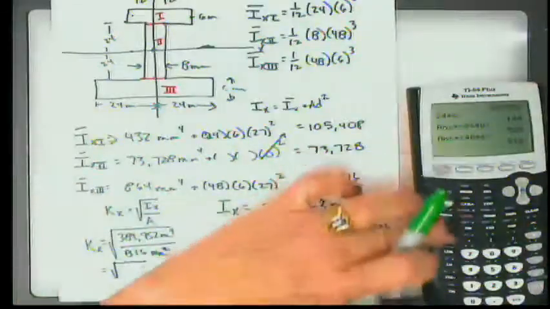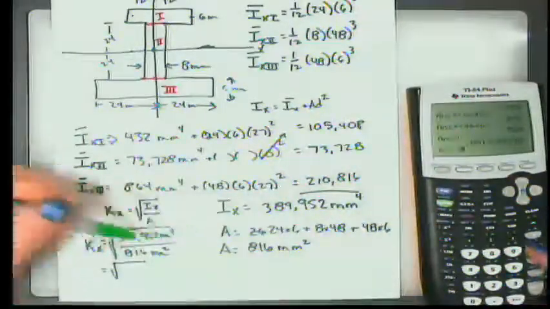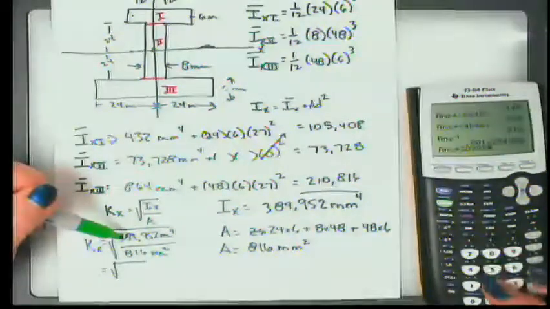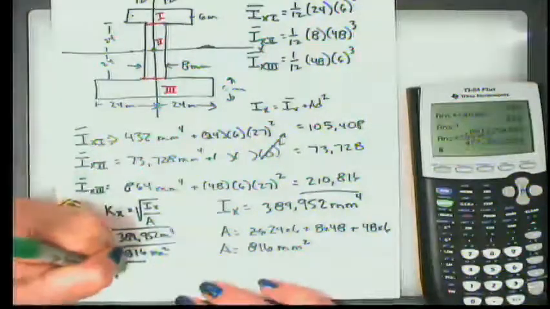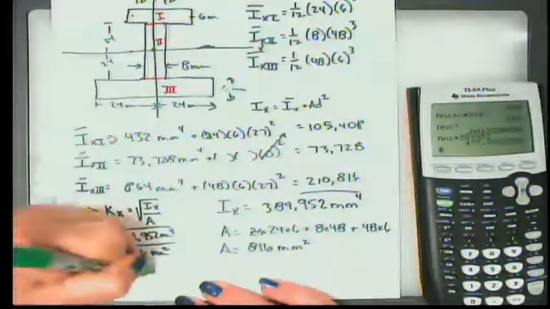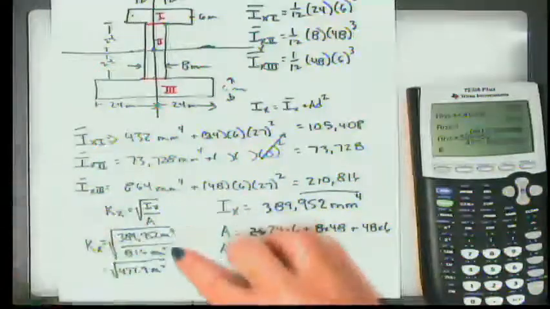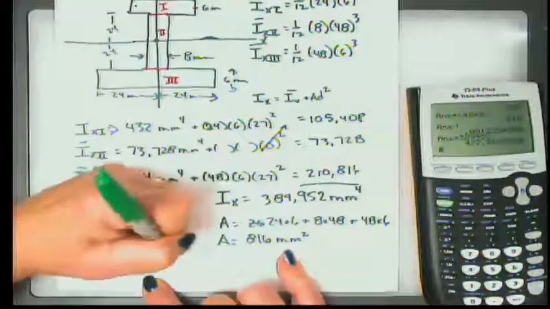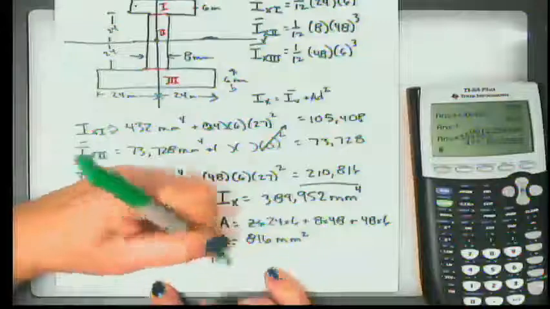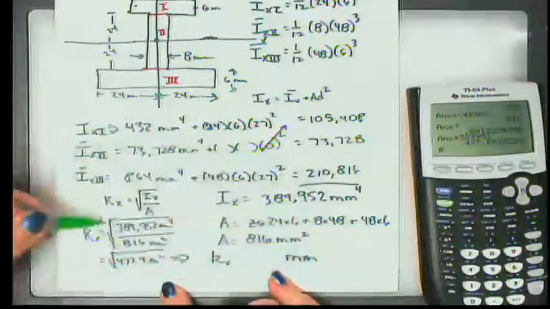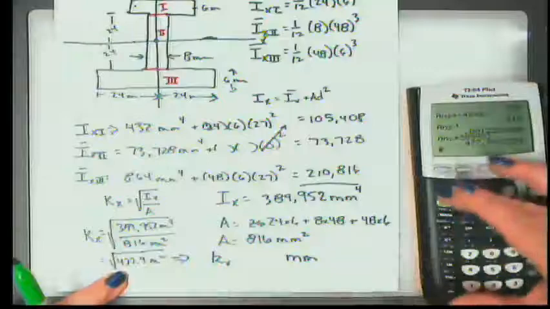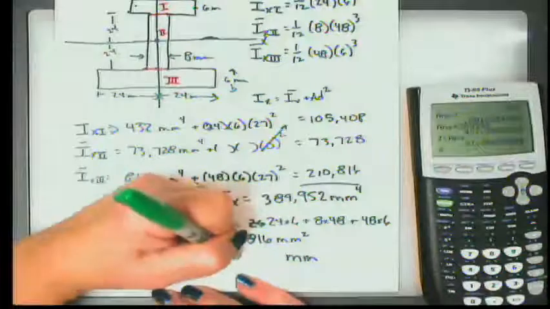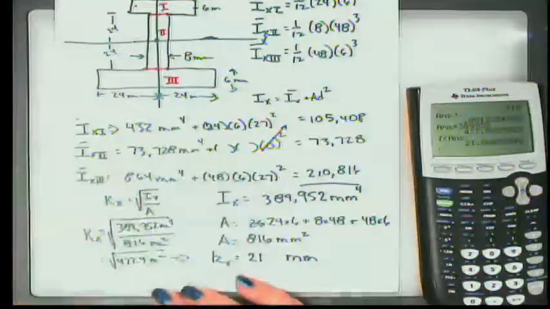So my radicand is 477.9 millimeters squared, because millimeters to the fourth divided by millimeters squared is millimeters squared. So when I take the square root of millimeters squared, I'm going to end up with millimeters, and the value is the square root of 477.9. And my calculator tells me that that is 21 millimeters.